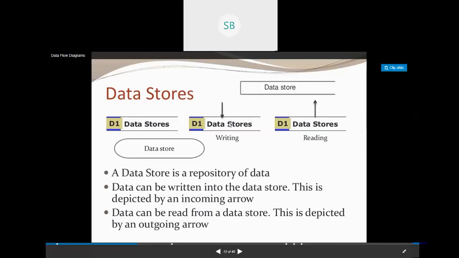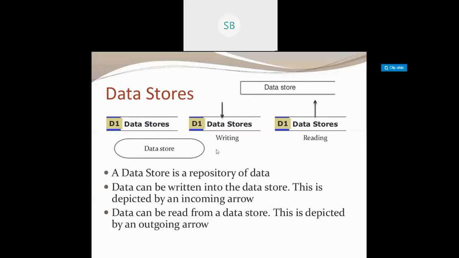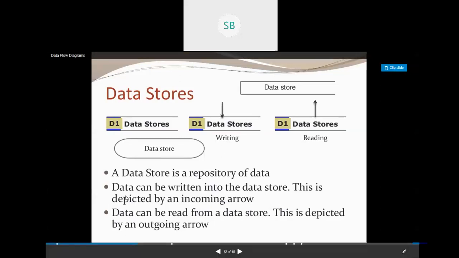Whenever you draw the DFD diagram, always remember you can use either of the two. You cannot mix and match both conventions. You need to use either Yourdon or Gane and Sarson. This data store is nothing but a repository of data, like a table.